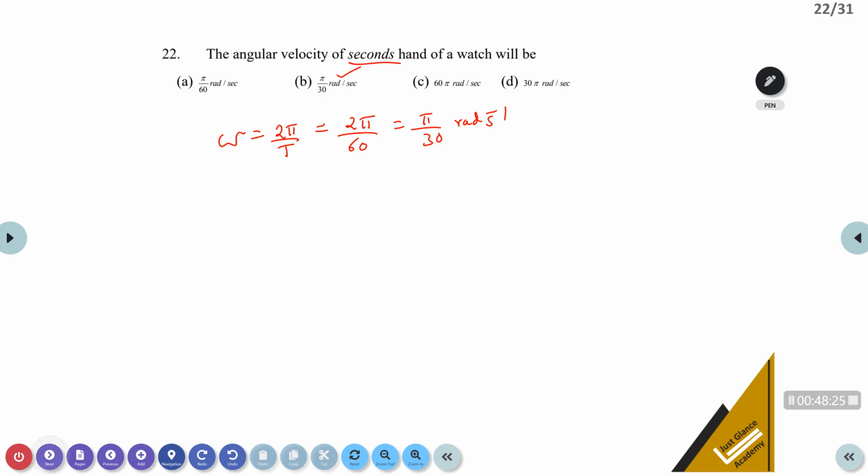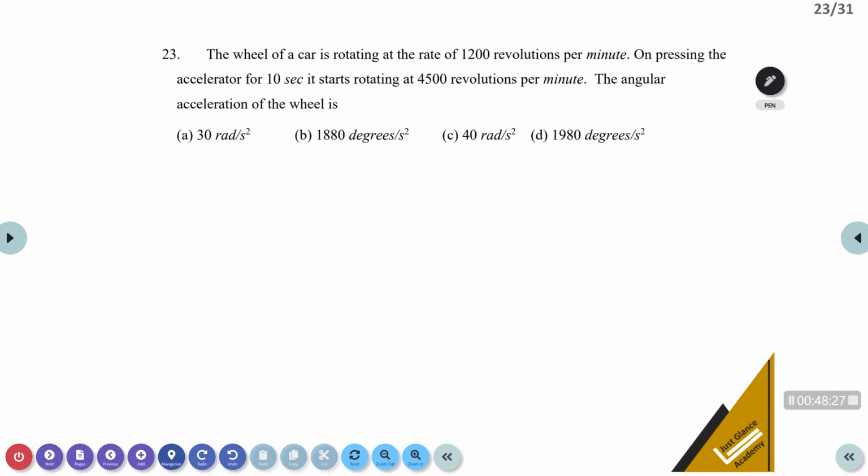Next, 23rd. The wheel of a car is rotating at the rate of 1200 revolutions per minute. On pressing the accelerator for 10 seconds, it starts rotating at 4500 rotations per minute.